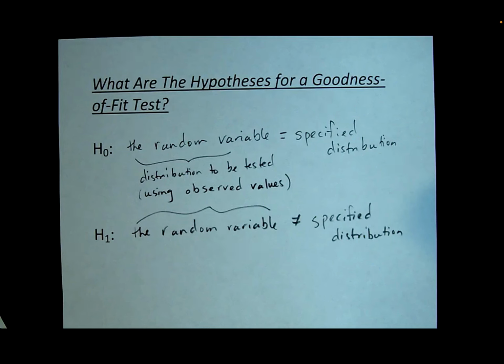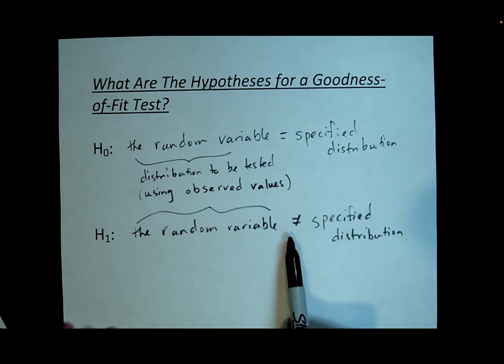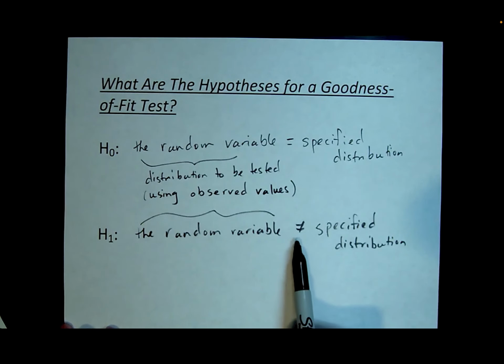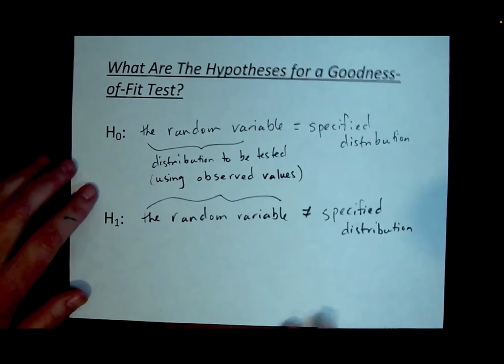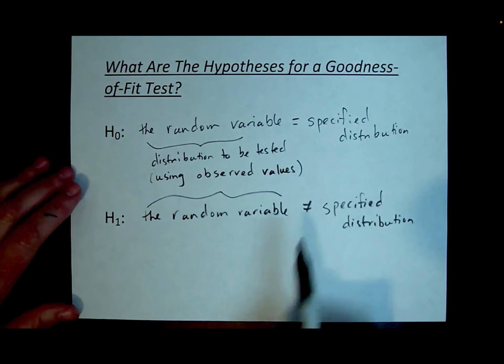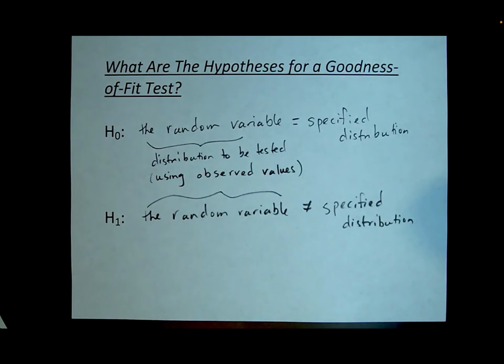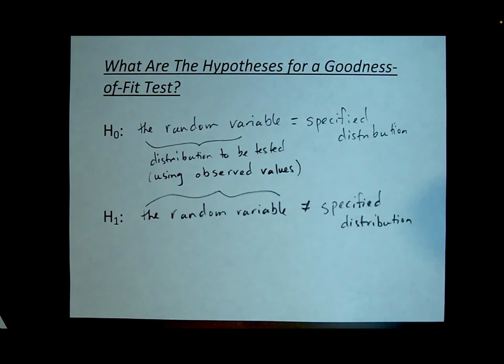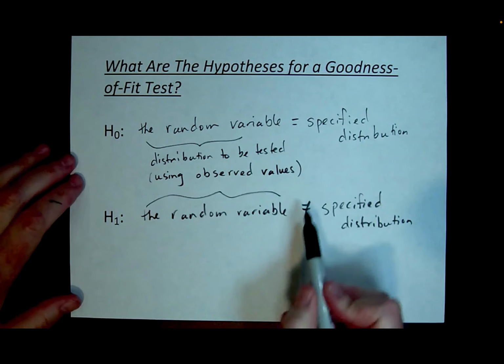Now, something I need to mention, and I think that's why I'm focusing on this equal sign. Again, this not equal sign, it's not really a numerical not equal sign. It's my perhaps not good shorthand for saying that the two distributions are not the same, that they don't match. Anyway, the reason I'm going on and on about the equals versus not equals is when we were doing hypothesis tests before for numerical parameters, the not equals version of the alternate hypothesis was always a two-tailed test. But this isn't really not equals.